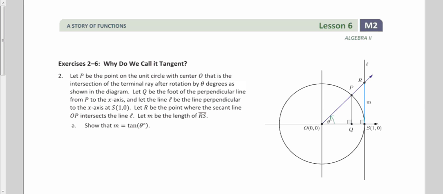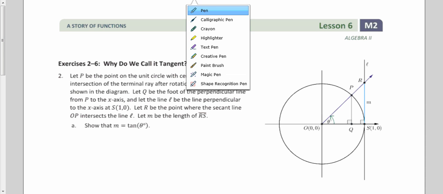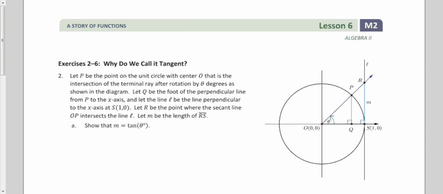All right, so that's a tangent though, right? Now check this out. The tangent line, the tangent for this angle theta, it is opposite over adjacent, right? And we usually do it just out to the edge of the unit circle. But what they do is they extend the ray out past a certain point, right?